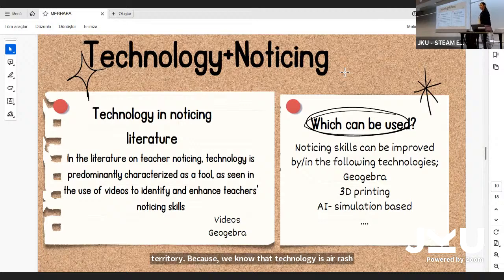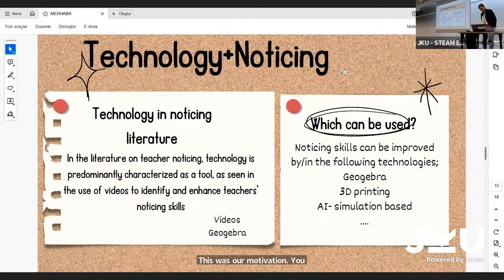Students are familiar with technology, so teachers should notice students' use of technology too. This was our motivation. In order for teachers to understand their students' thinking, the use of technology by students must also be noticed. Or we can use technologies to improve teachers' noticing skills. It can be in two ways.